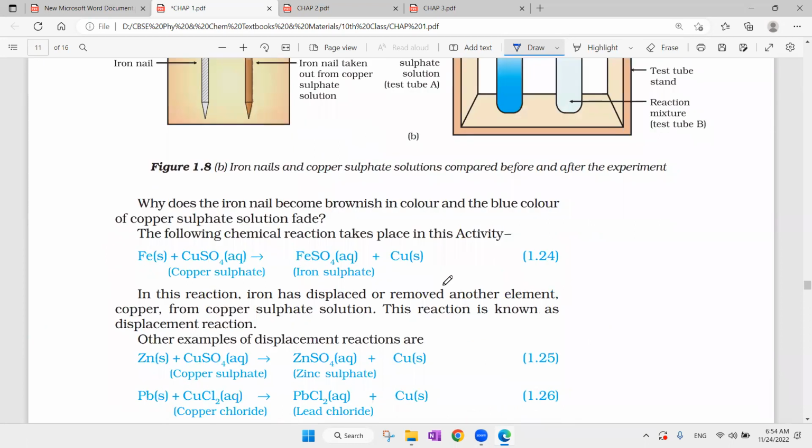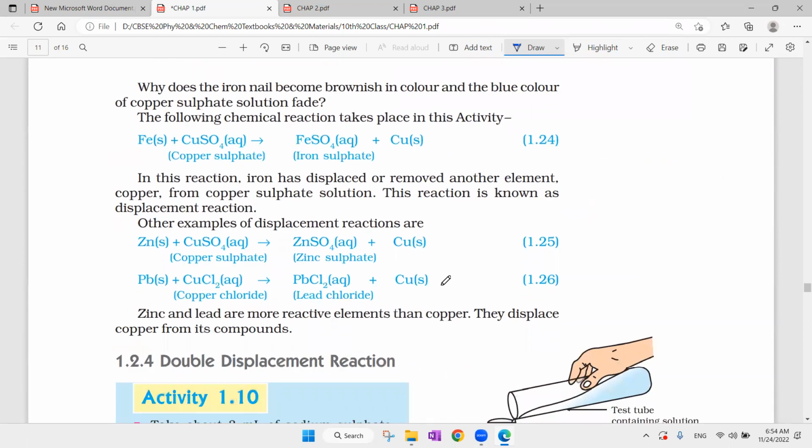For example, iron plus copper sulfate. This iron is highly reactive metal when compared to copper, so that only you are observing displacement. If you reverse this, like copper plus FeSO4, you see, copper is least reactive, iron is highly reactive.